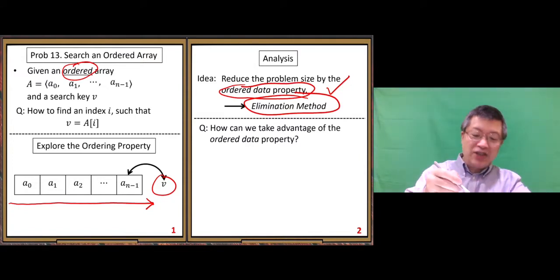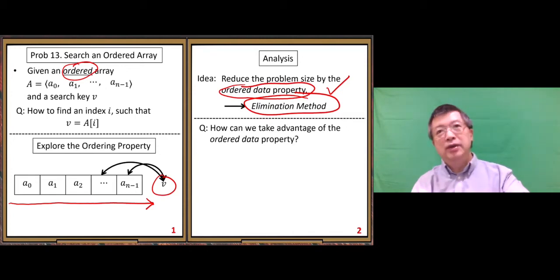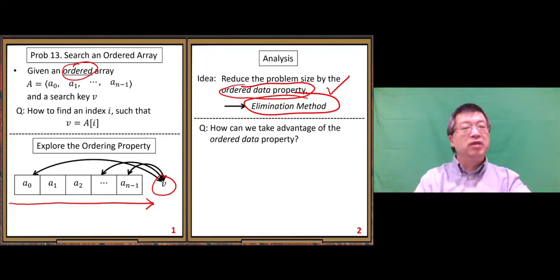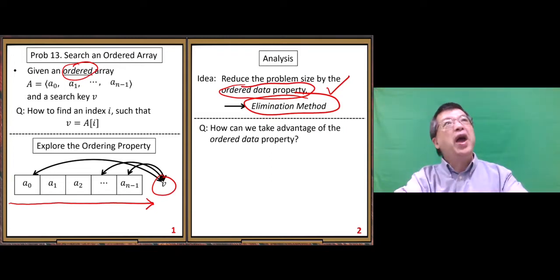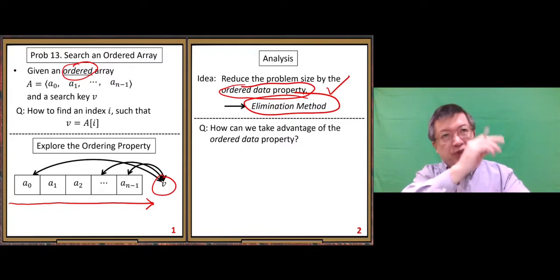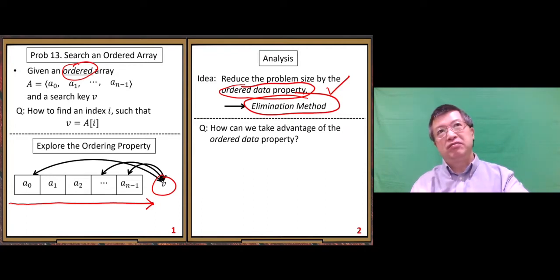The last element, the element somewhere in the middle, the first element, you can choose many different ways. But the question is, which one is the best choice? That's the question. We want to know the answer.